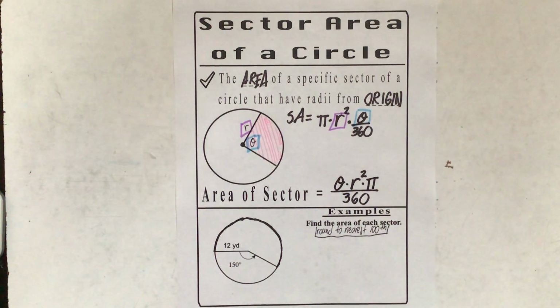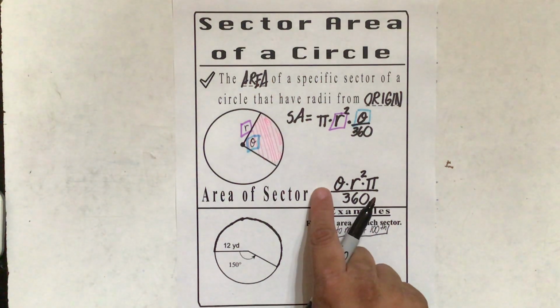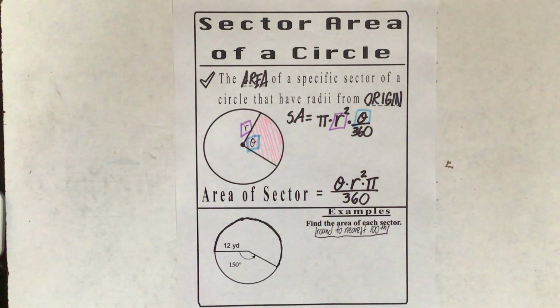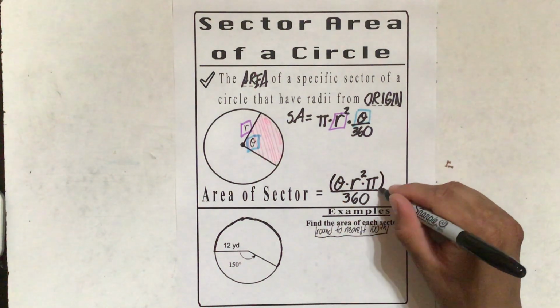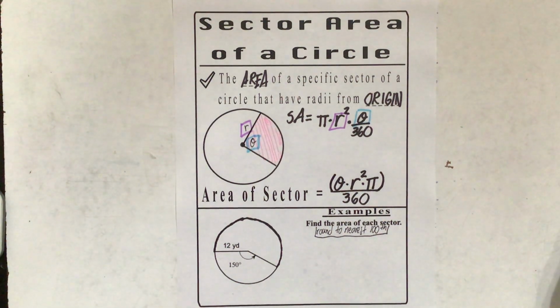Now what am I missing? You guys remember what I'm missing on top there from the arc length that we always have to put in? I'll give you a hint. There's two of them, one at the end and one at the beginning. Exactly. Parentheses. We cannot forget our parentheses.